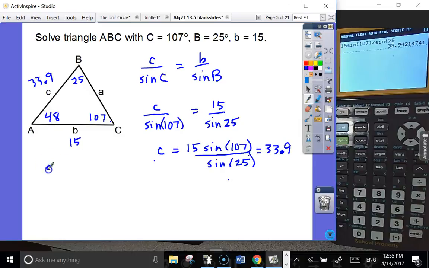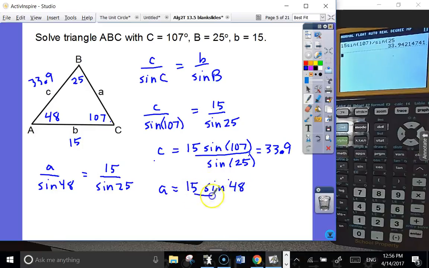Okay, now set up the A. This is going to be A divided by the sine of 48 equals 15 over the sine of 25. Right, solve for A. A equals 15 sine 48 over sine 25.